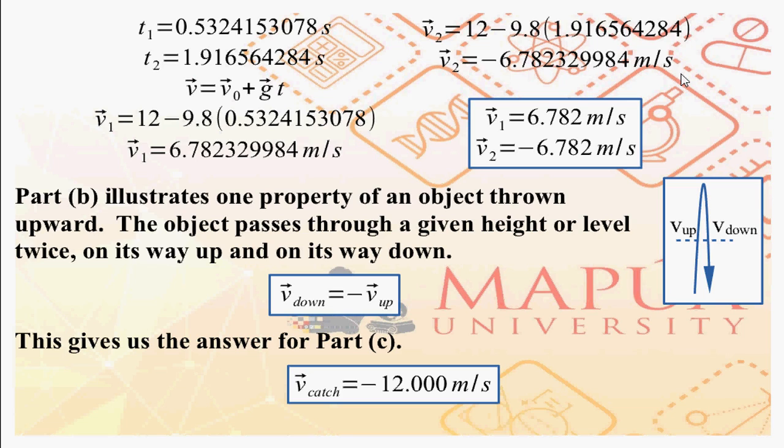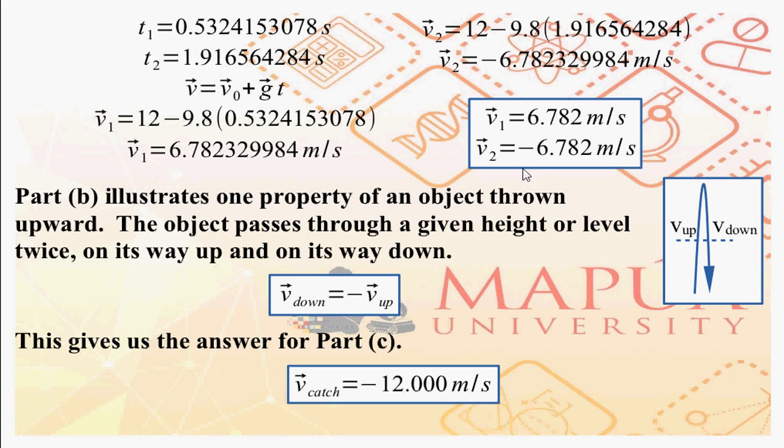6.78232994 meters per second. So, the velocity of the object as it reaches the 5-meter mark is V1 equal to 6.782 meters per second, and V2 is negative 6.782 meters per second. V1 is the velocity of the object as it goes up and reaches the 5-meter mark.